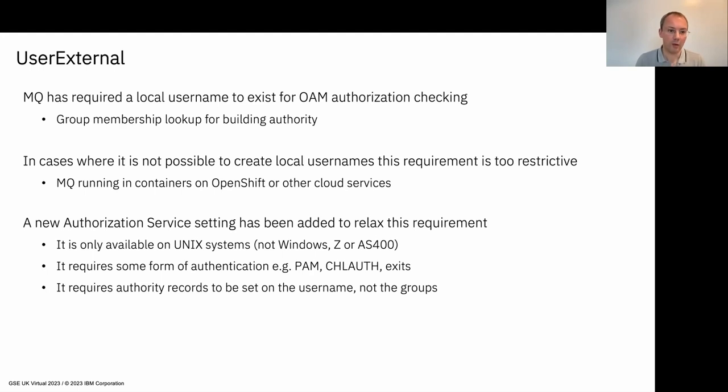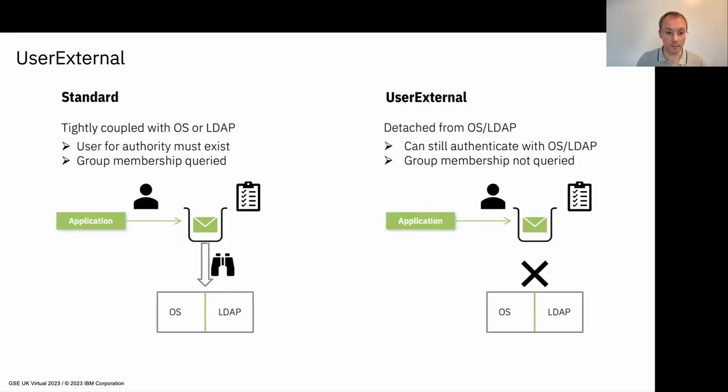So we've now got another option called user external, where essentially you don't need to define the users locally. It's only available on Unix systems. You still need to have a layer of authentication to ensure that the user is trusted, but then you can define authorities against the user rather than requiring them to belong to groups that have to be defined on the machine.